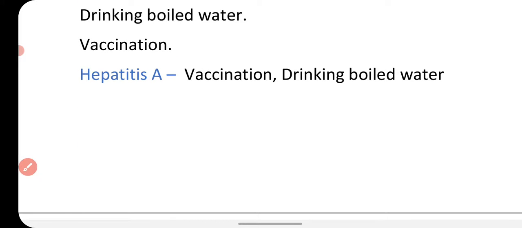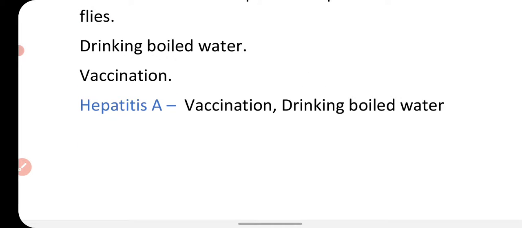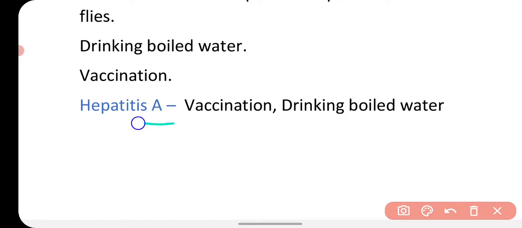Hepatitis A. For preventing hepatitis A, vaccination is available, and you should drink boiled water because the hepatitis A virus lives in water. If the water is contaminated with this virus, you can get this disease.